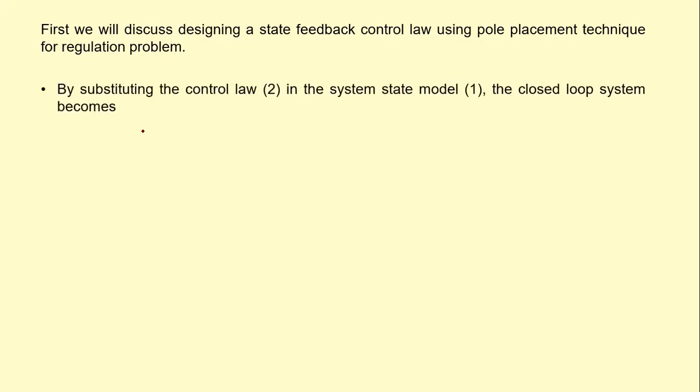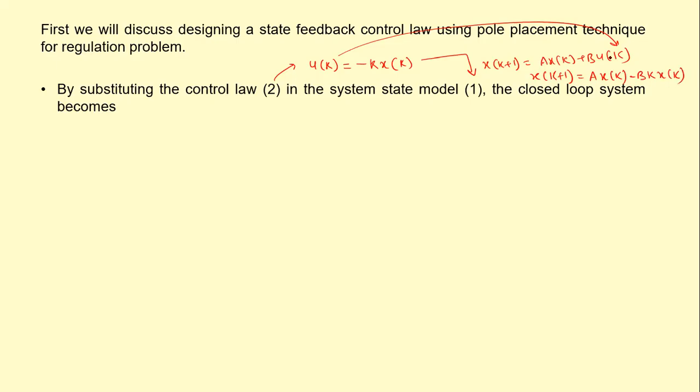So the control law given by equation 2 is u(k) = -K x(k), and if we put this in equation number 1, that is x(k+1) = A x(k) + B u(k), and substitute this u(k) here, we will get x(k+1) = A x(k) - B K x(k), right? So this will give us this equation here.